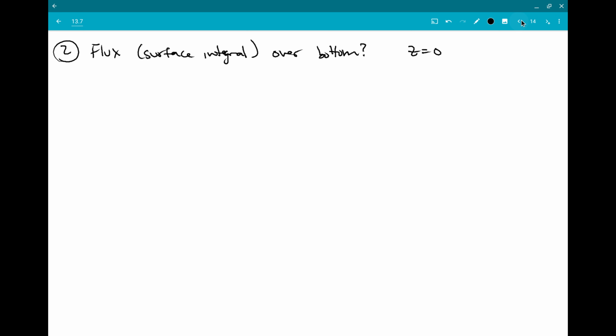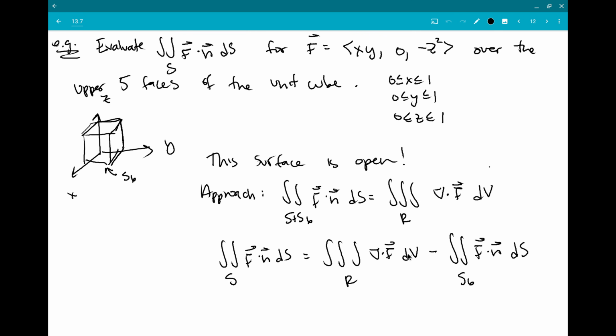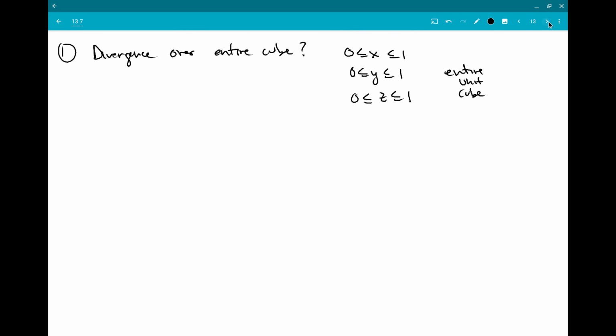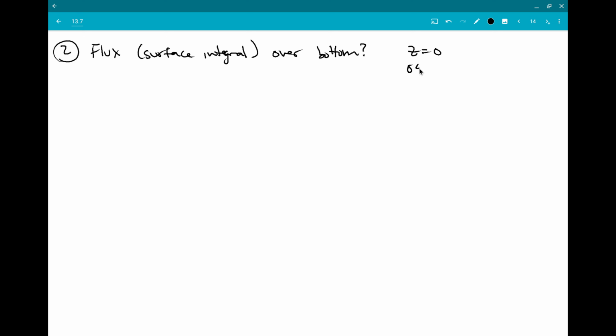And then we're going to think about the surface integral over the bottom. We're going to find this thing. So that's where z equals 0, and then x and y are falling between 0 and 1. And then we're going to subtract the two.